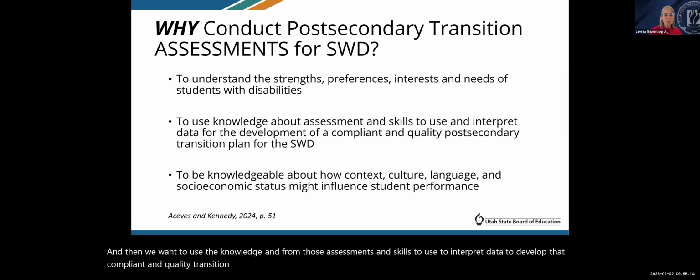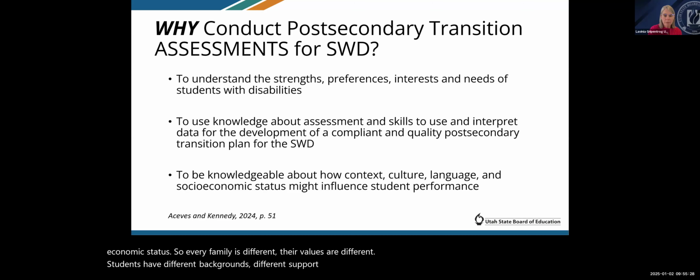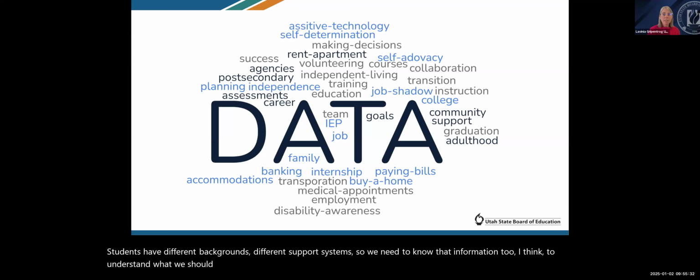So we need to be knowledgeable about how context, culture, language, and socioeconomic status matter. Every family is different. Their values are different. Students have different backgrounds, different support systems. So we need to know that information too, I think, to understand what we should gather. And it should be data driven. We don't want to develop a transition plan if we don't have good information.